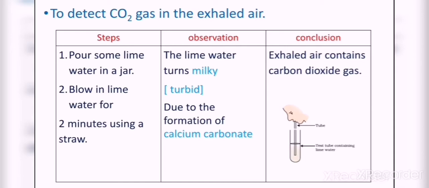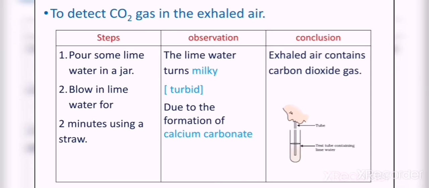You can see the clear lime water turns milky or turbid due to the formation of a white matter, which is called calcium carbonate.